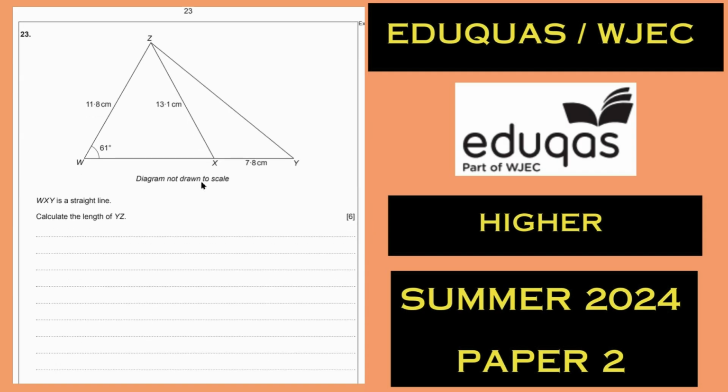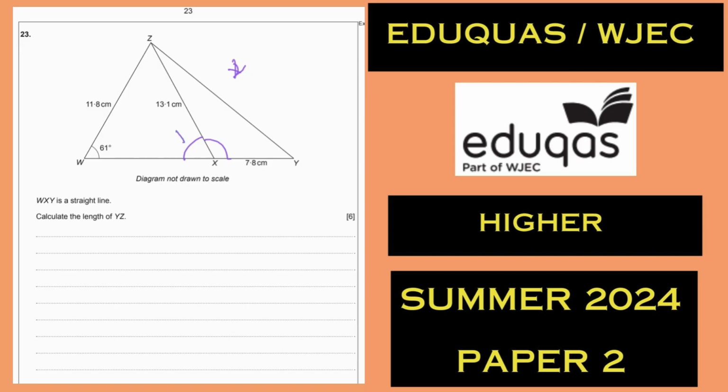Number 23. Follow the logic. If you want to work out the length of YZ, that's that there, you're going to need to know a bit more information. Normally, when you have two triangles back to back, it's all about finding the side that they share. But we already know that. So it must be a bit more about, and yes it is, we need this angle here. That angle and this angle make a straight line.